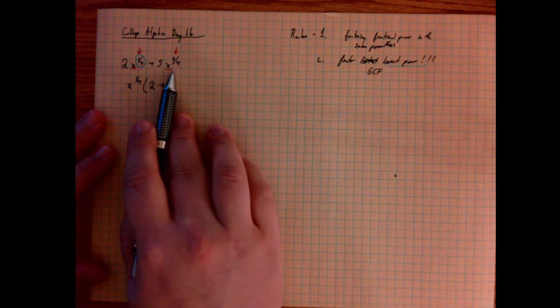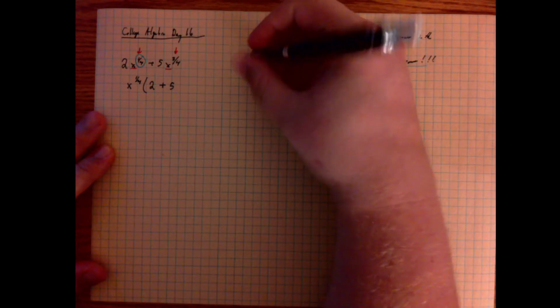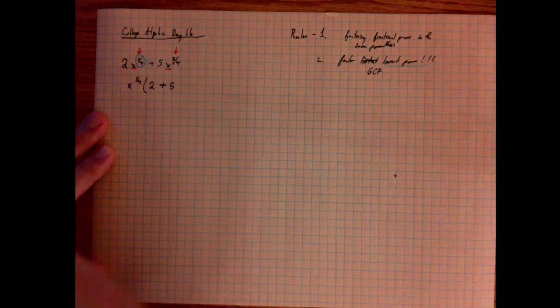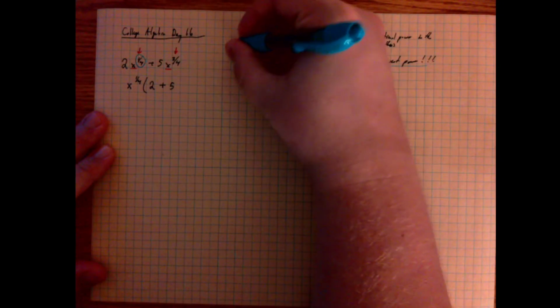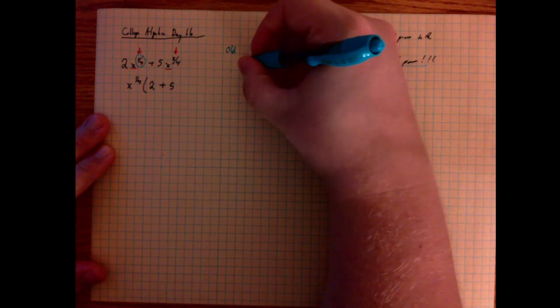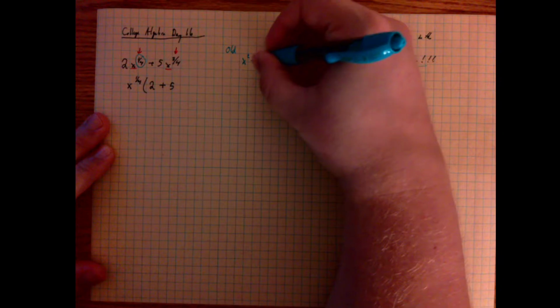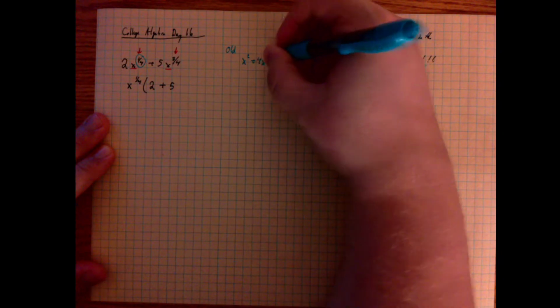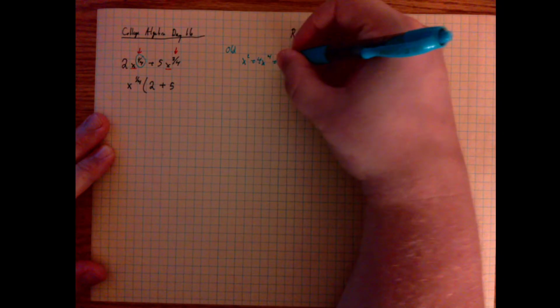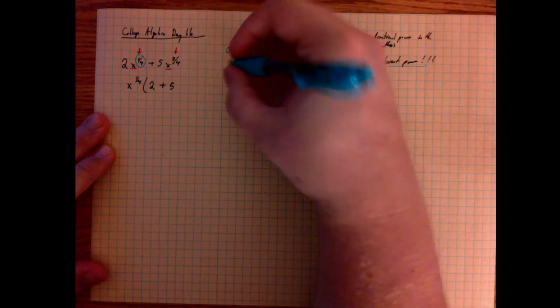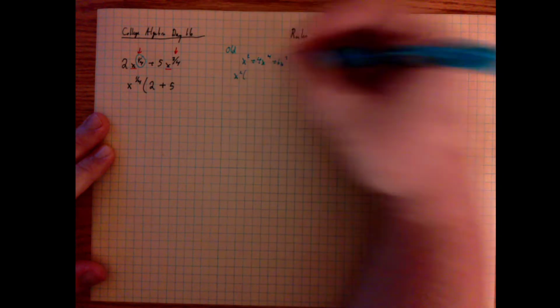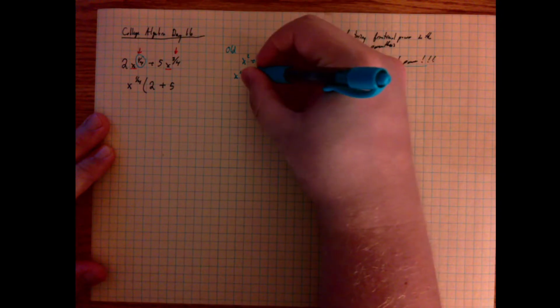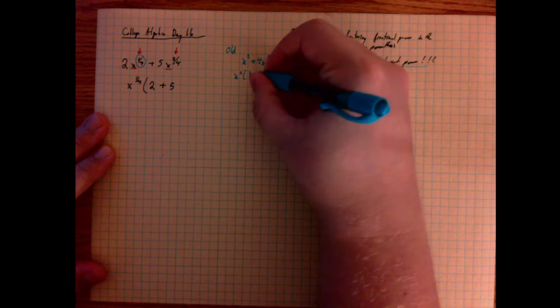If I take a 1/4 power out, remember the important thing to note is, if I have, let's say, x squared plus 4x to the 4th plus 6x to the 5th, and I want to factor an x squared out, I can take the whole thing out, or I can take pieces.